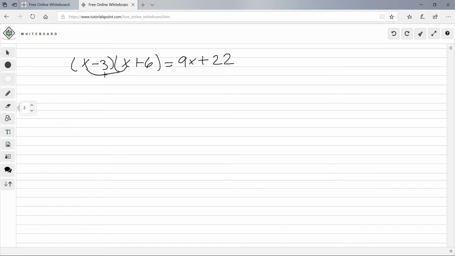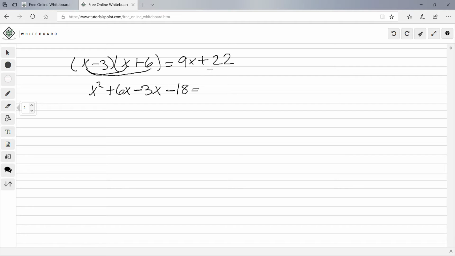So it's like saying x times x is x squared. And 6 times x is positive 6x. And then negative 3 times x is negative 3x. And then negative 3 times positive 6 is negative 18.